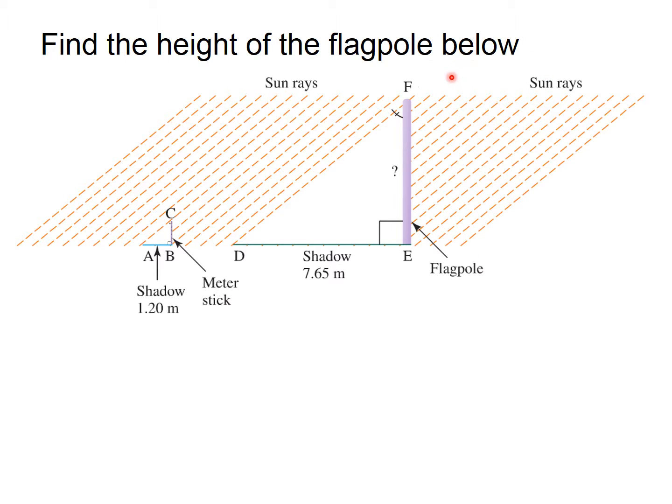The sun hits this flagpole, and that creates a shadow. We can easily measure the length of that shadow, and let's suppose that length is 7.65 meters. Over here, we've got a picture of a meter stick stuck in the ground, and that also forms a shadow, and let's say that shadow is 1.2 meters long.